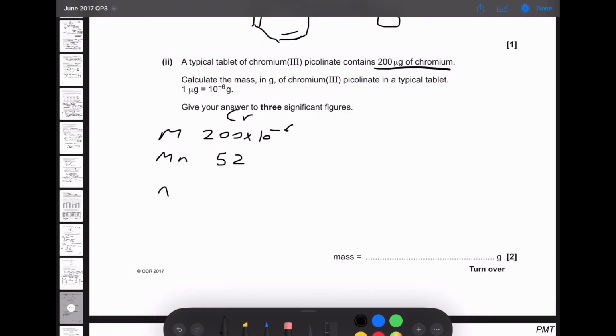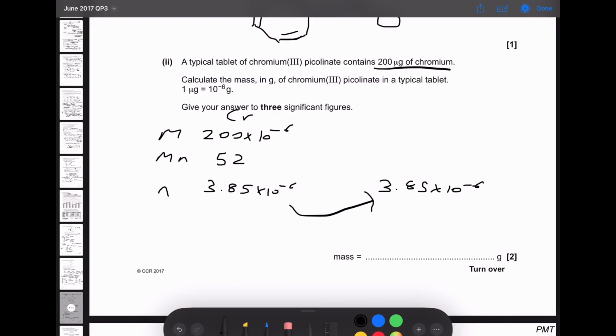So 200 times 10 to the minus 6 over 52 gives us 3.85 times 10 to the minus 6. So that, because we have one chromium per complex ion, our number of moles is also going to be equal to our number of moles of complex ions.